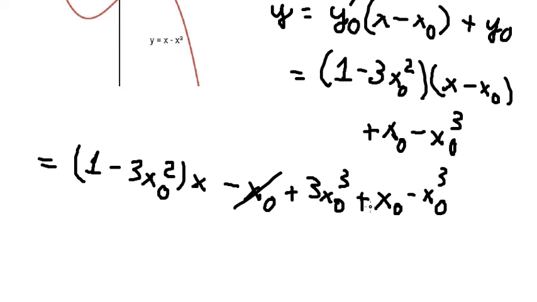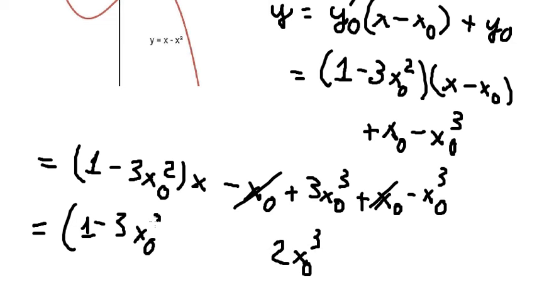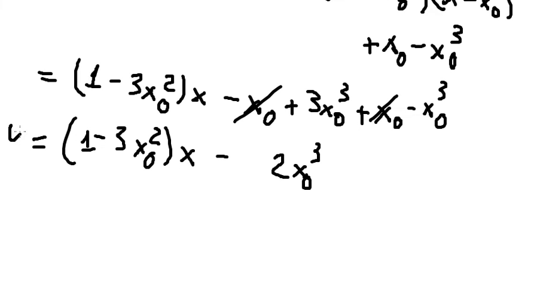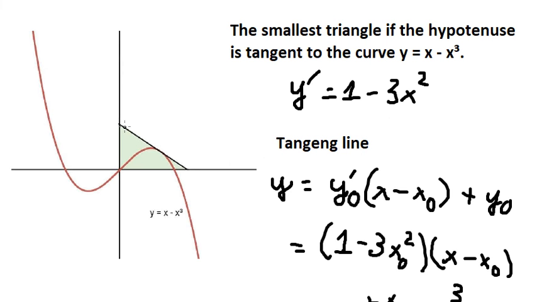So we cancel this one. 3s0 to the power of 3 minus s0 to the power of 3, that is 2s0 to the power of 3. And this is the formula of this tangent in here.